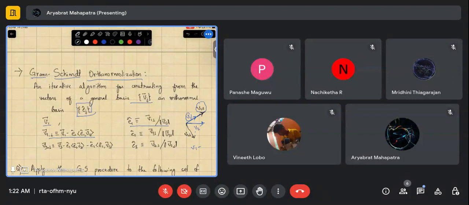I want to make them orthonormal, and one of the conditions is making them orthogonal. So to make v1 and v2 orthogonal, I have to take away the v2 parallel component from v2, so that v2 is left with only v2 perpendicular. Then v2 perpendicular and v1 together form an orthogonal set, and consequently we also normalize them. That is the logic, that is the idea.